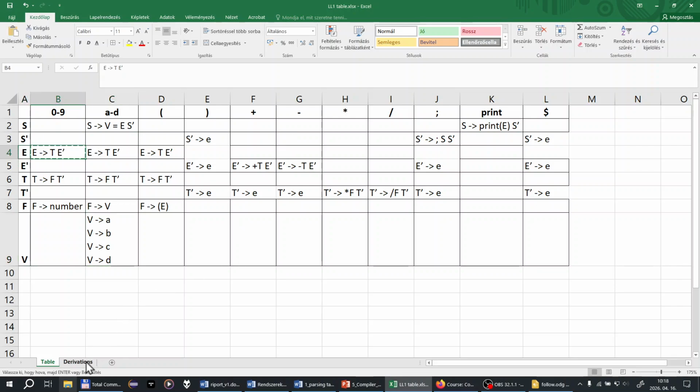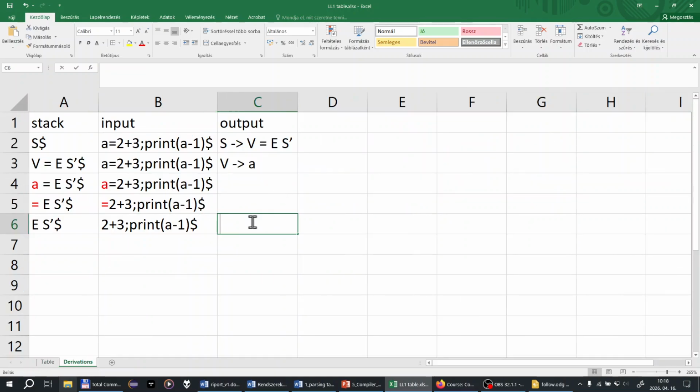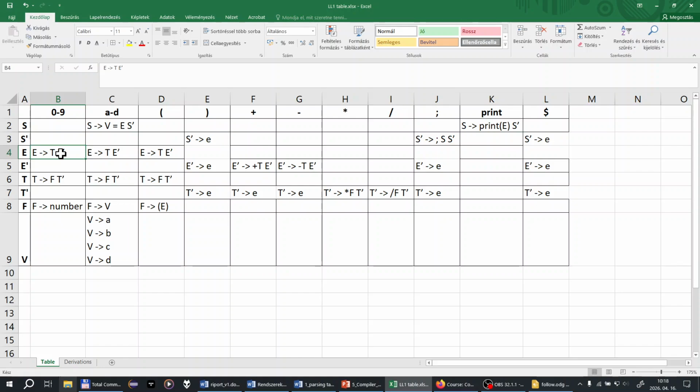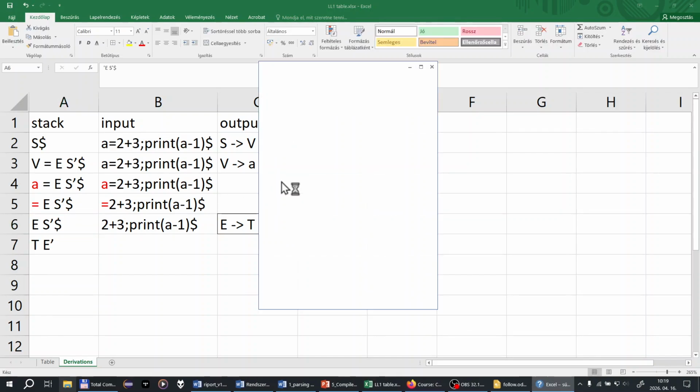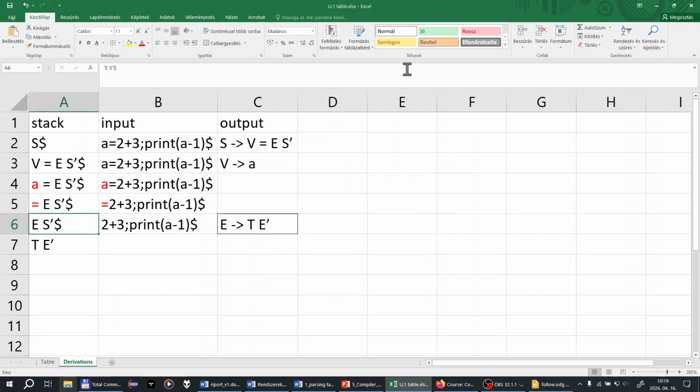Then we have the grammar rule E to TE prime, which practically means that E is substituted by TE prime here, and the remaining part is just copied here. Okay, the input remains the same.